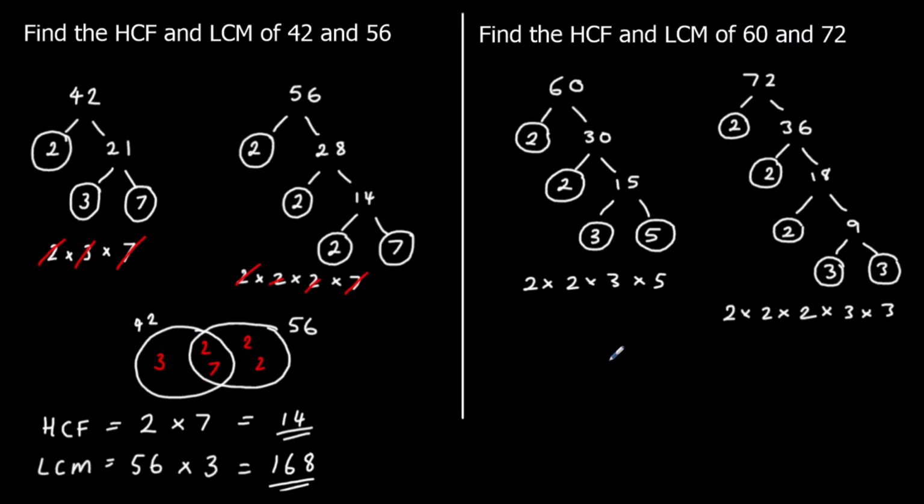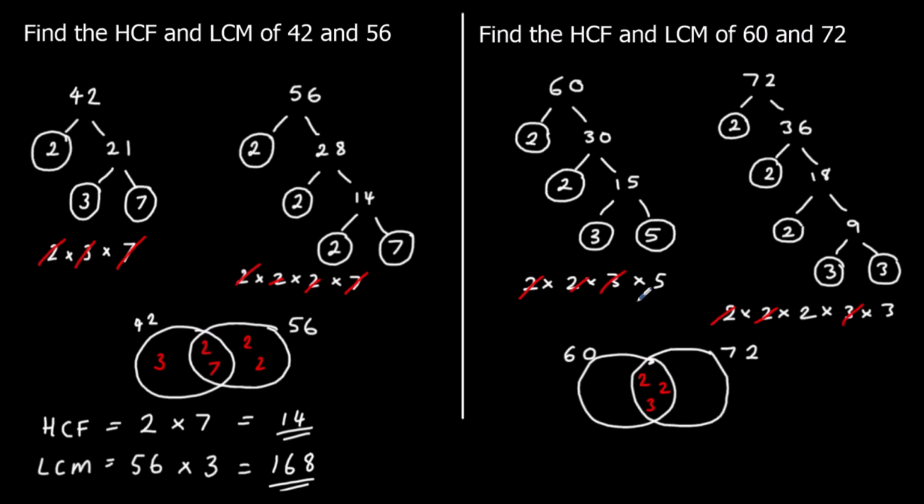So I'm going to put this into a Venn diagram again. So I've got a 60 circle and a 72 circle. So the prime factors they've got in common go in the middle. So they've both got 2 2s and a 3.